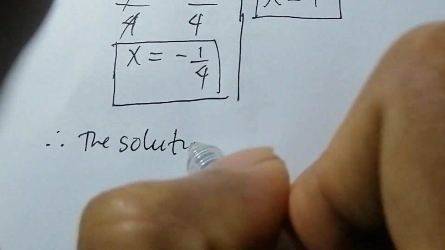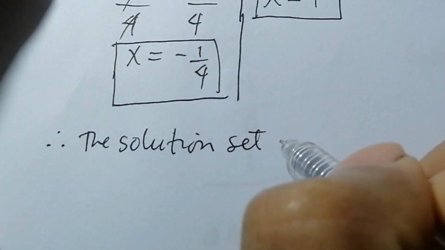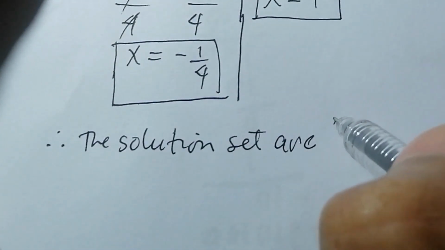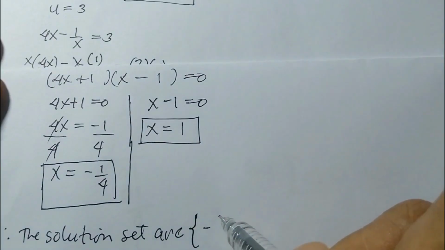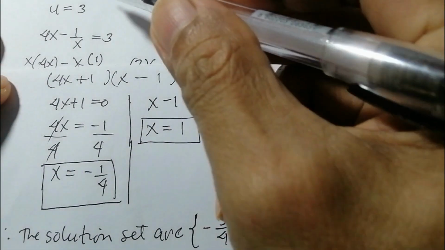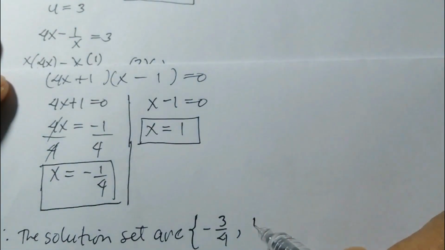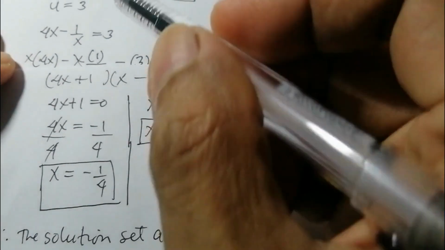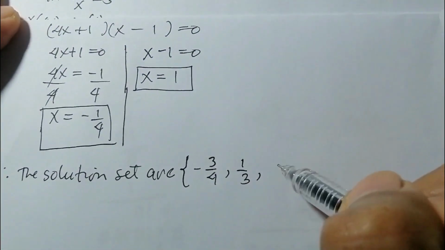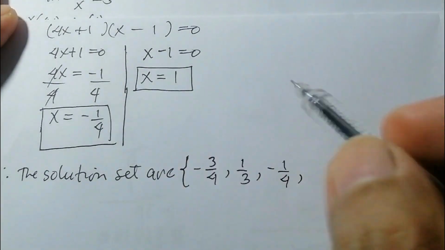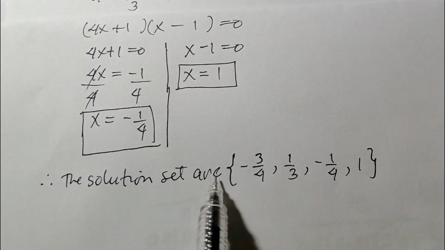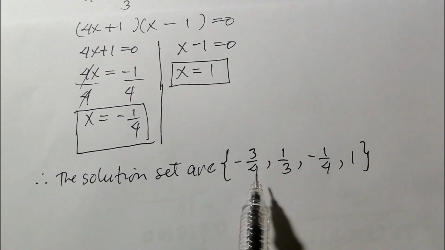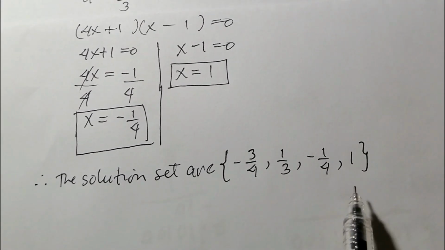Therefore the solution set is negative 3/4 and 1/3, and we have here negative 1/4 and 1. So these are the solution sets. The values of x are negative 3/4, 1/3, negative 1/4, and 1.